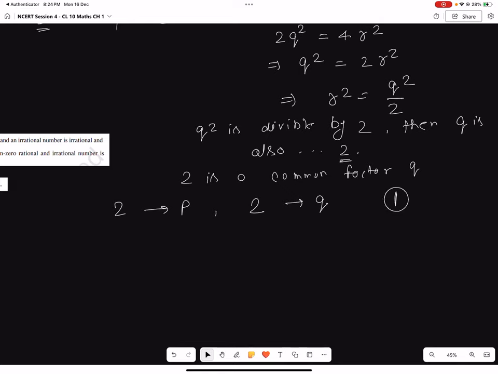So our starting assumption was that root 2 was p upon q, and p and q both have common factor as 1. But now what we have derived, they also have a common factor as 2. So if they have a common factor as 2, they cannot be the rational number, right?